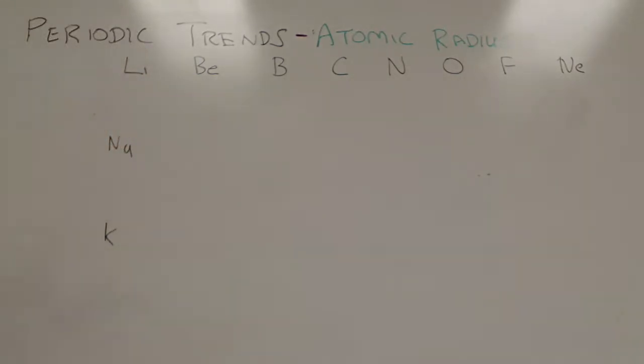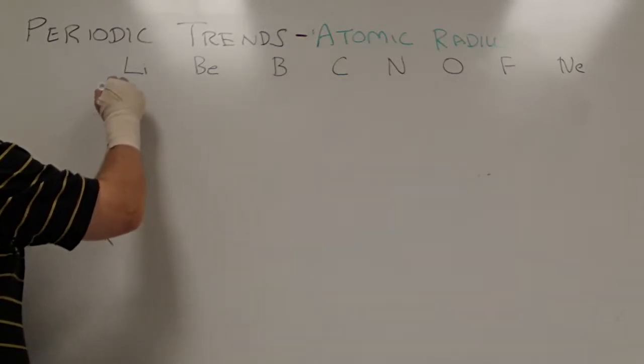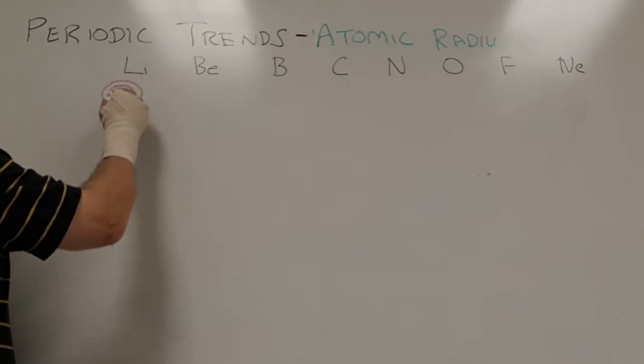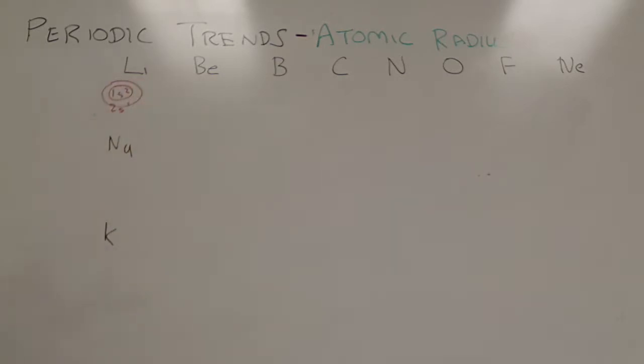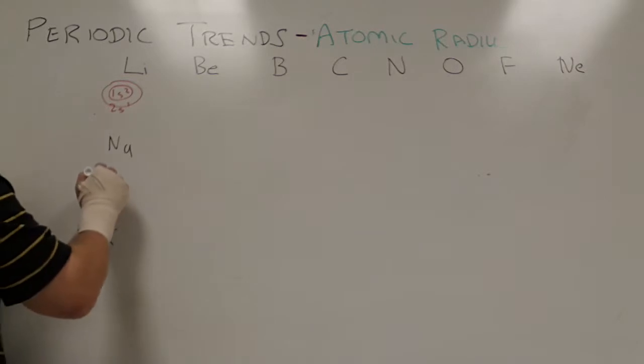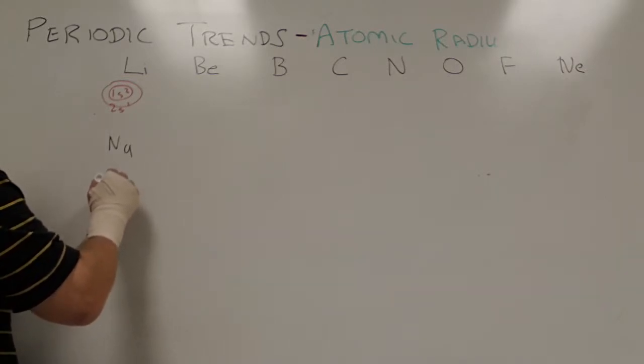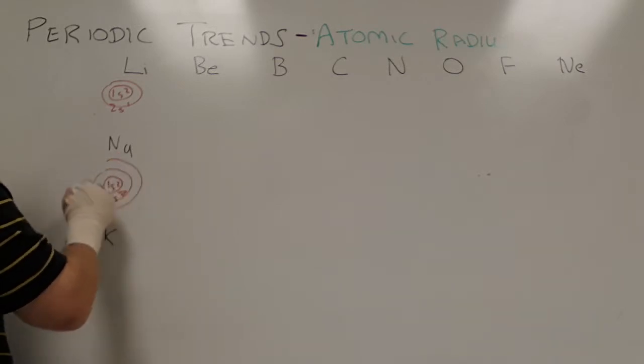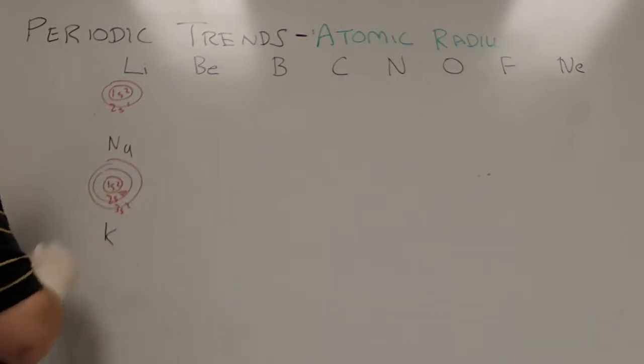Now, lithium: I've got my 1s2 on the inside, and then on the outside I've got 2s1. When I go to sodium, similar thing, I've got 1s2 on the inside, then 2s2, excuse me, and then on the outside 3s1.